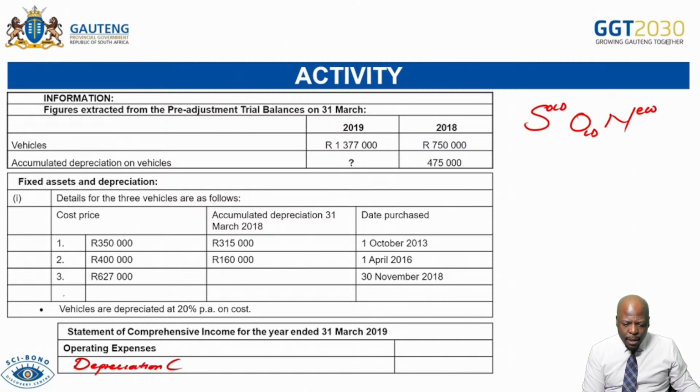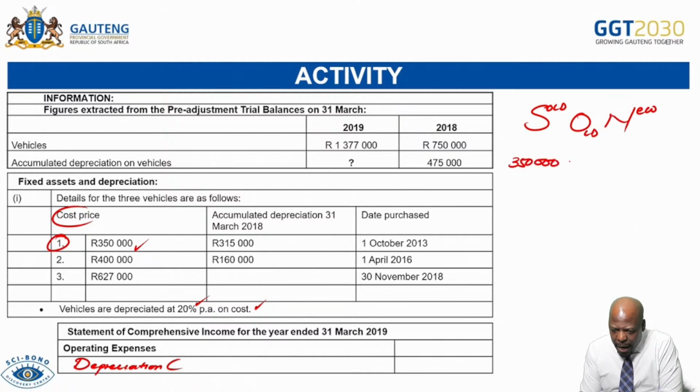Let's see here. So here we're going to do number one. Let's begin. Our depreciation is at 20% per annum on cost. So when we're calculating on cost, what we need is just the cost. So I'm going to take the cost price of my vehicle number 1, which is 350,000, and multiply that by 20 over 100.